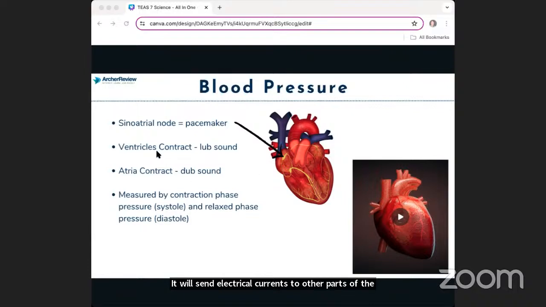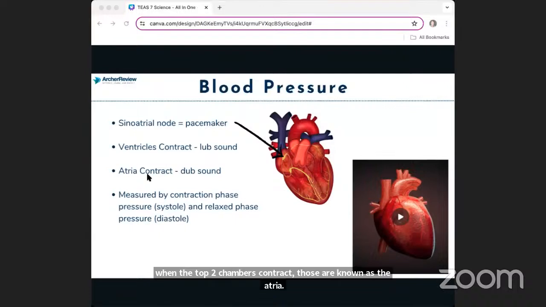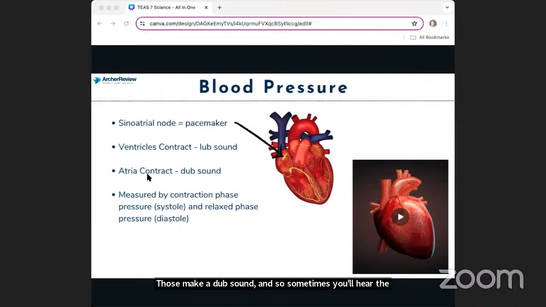So when you've got ventricles contracting, those are those bottom two chambers, it makes this lub sound. And when the top two chambers contract, those are known as the atria, those make a dub sound. And so sometimes you'll hear the blood pressure as a lub-dub sound. And you can measure those contraction phases.